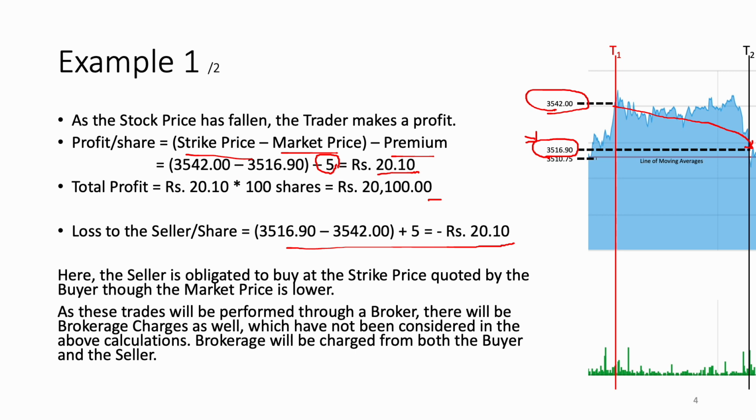Now here, notice that even though the seller is making a loss, he is obligated to buy at the strike price quoted by the buyer. So the seller does not have a choice but to bear the loss when he has entered into a put option with the buyer. But the buyer, if the market was not favorable, could have just walked away from the trade.